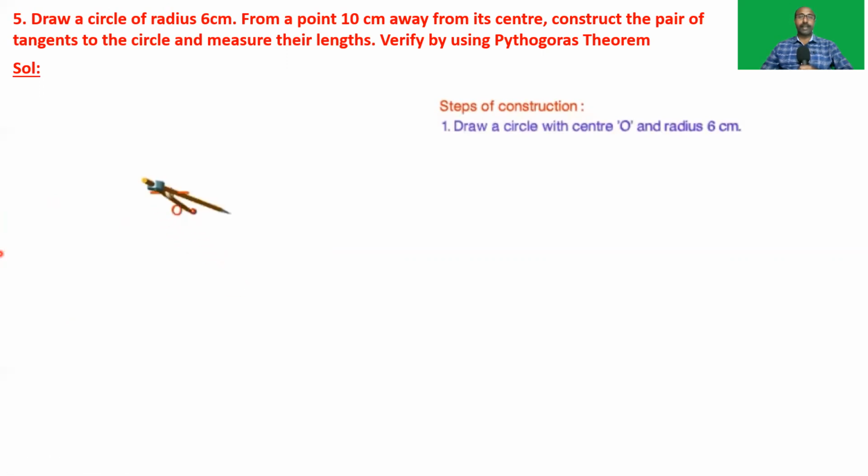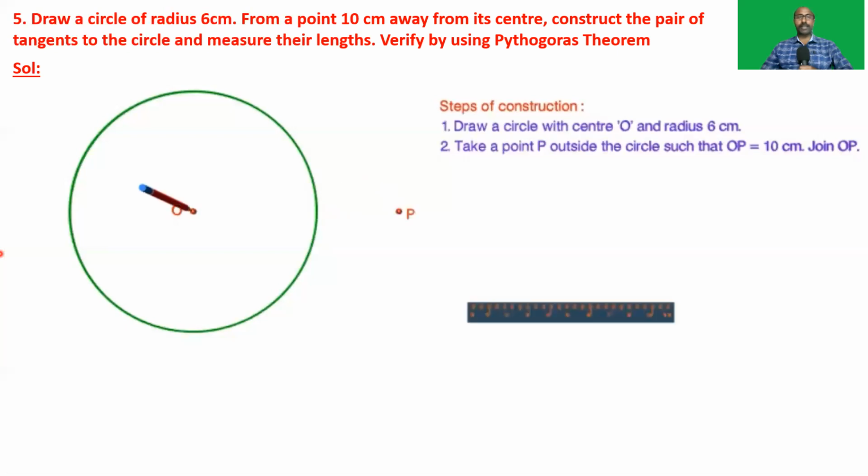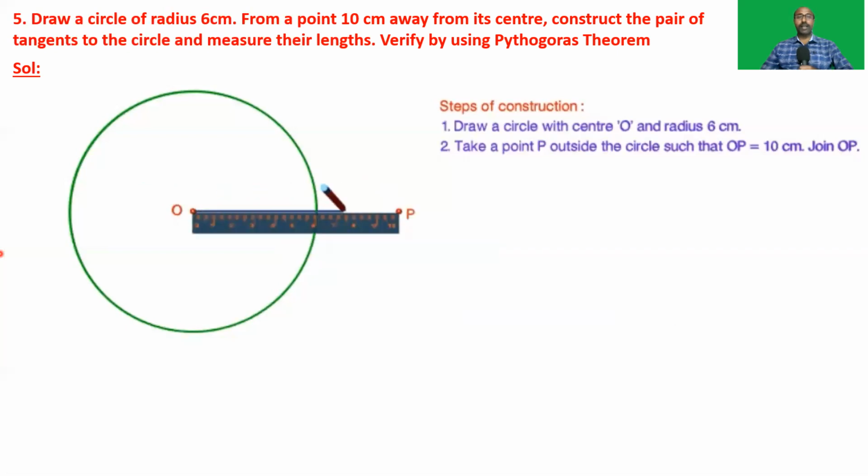Now take a point P outside the circle such that OP is equal to 10 centimeters, because we have to draw the tangents from the point which is 10 centimeters away from the center.